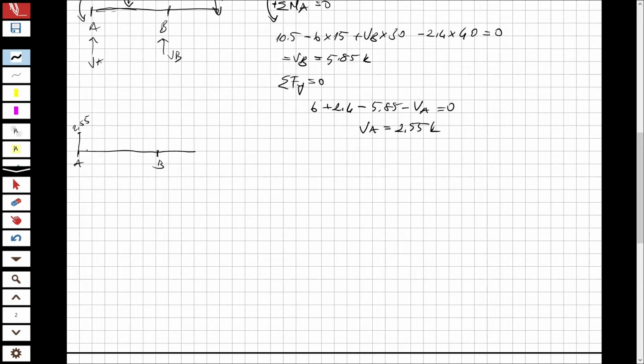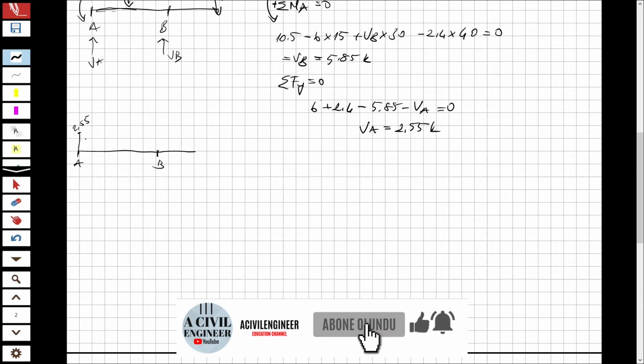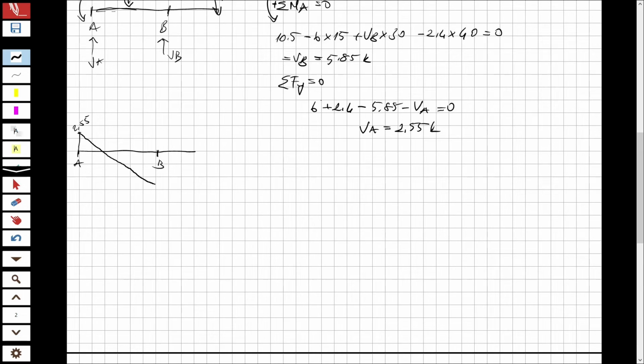And you know that I have a distributed load, and it will decrease my force by 6. So when I subtract 6 from 2.55, this will come to here, and it will be equal to 3.45. Okay, 3.45.